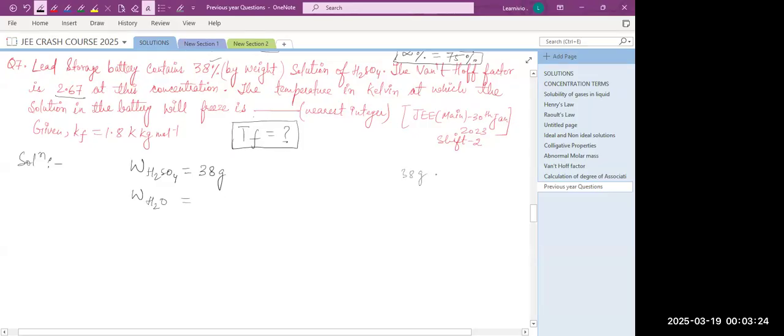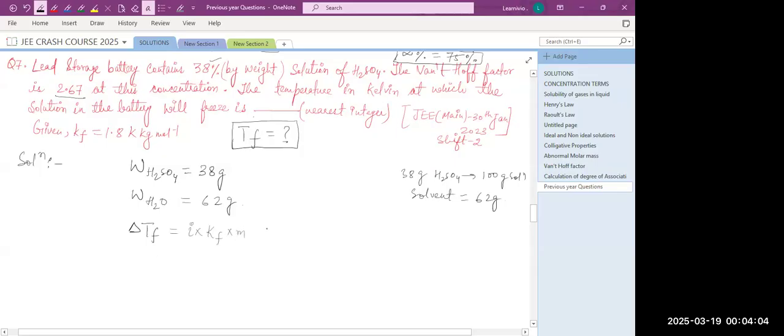If 38 gram of H2SO4 is present in 100 gram of solution, what will be the weight of solvent? 100 minus 38, so it will be 62 grams. The weight of H2O is 62 grams.